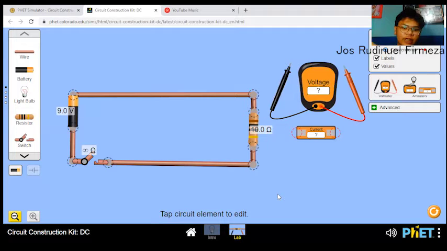And now it is finished. We are now done placing all the wires.